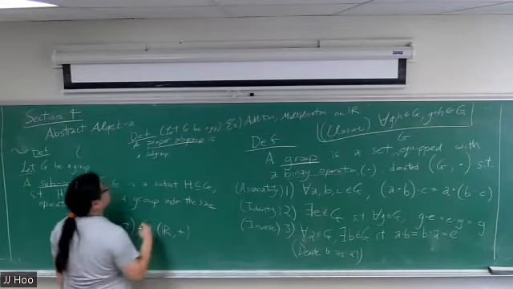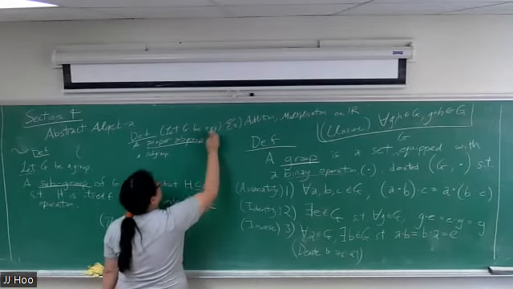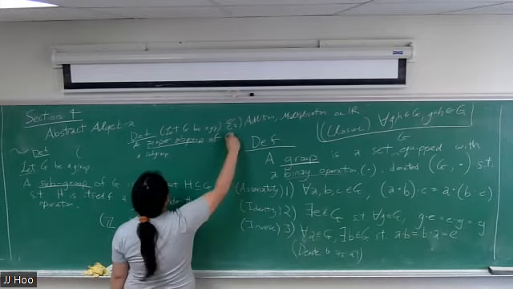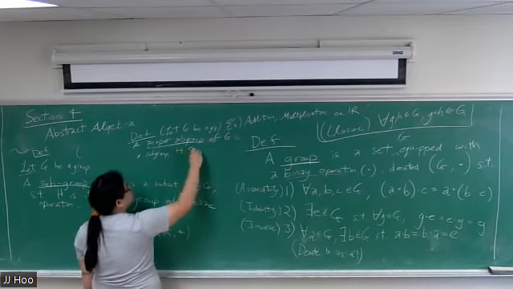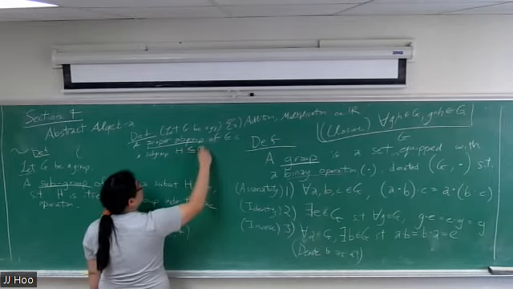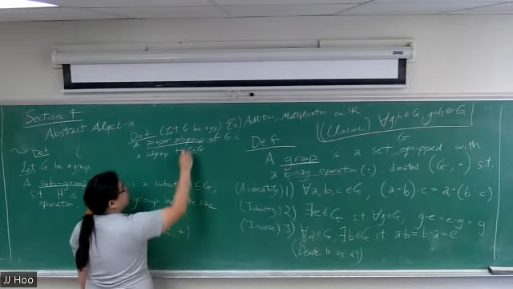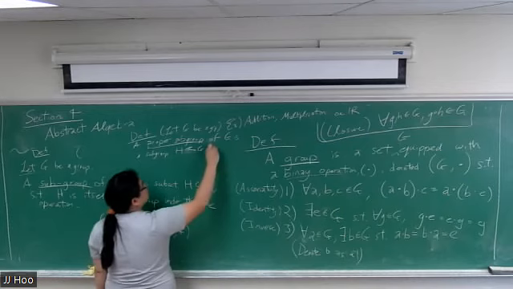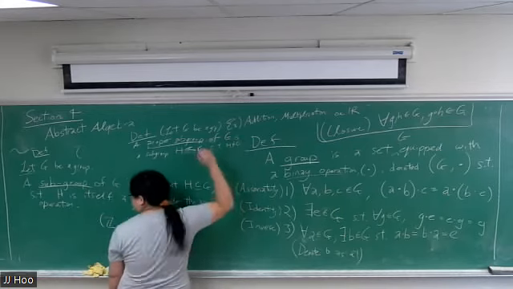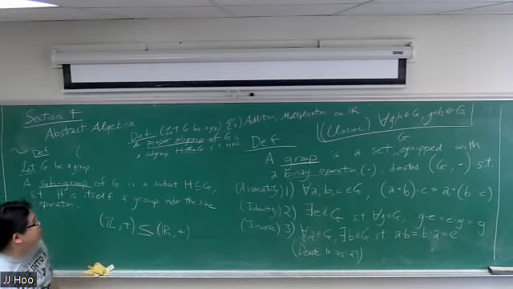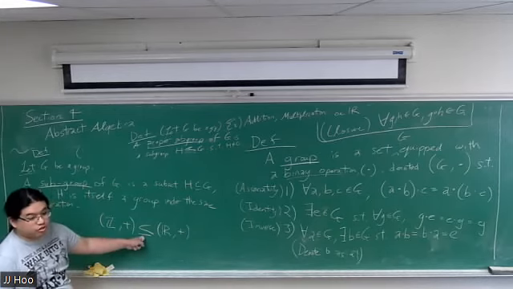So a proper subgroup of G is a subgroup H of G such that H is not equal to G. They're not the same. So that's why you can see that we have this sort of notation, right?